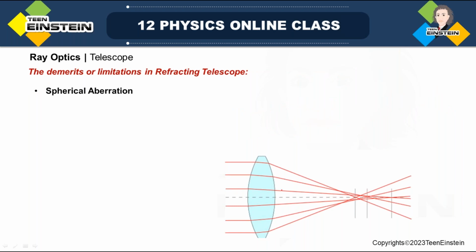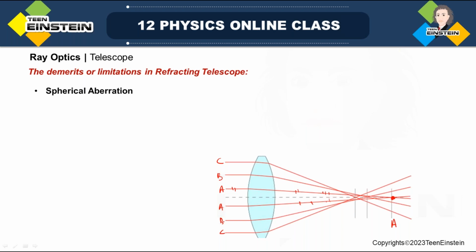Suppose this ray is A, this is B, and this is C. These are three sets of rays. Look, this A is getting focused over here.